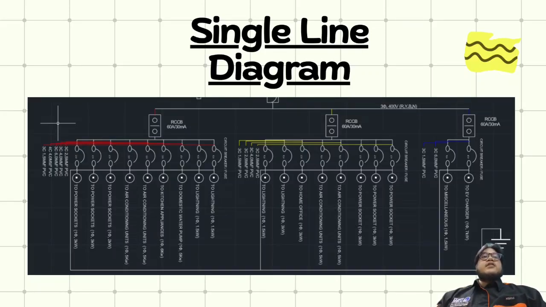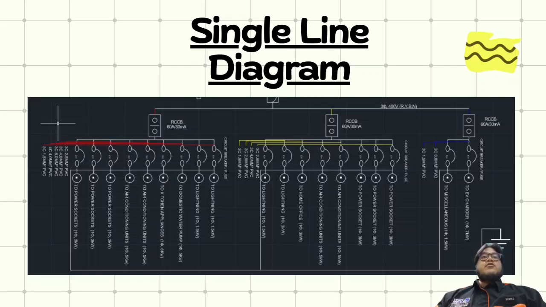At the start of the chain, the system is fed by a primary incoming supply, typically utilizing heavy-duty 16 mm or 25 mm copper cabling, which enters a main molded case circuit breaker, MCCB, designed to protect the entire installation from catastrophic thermal or magnetic fault.